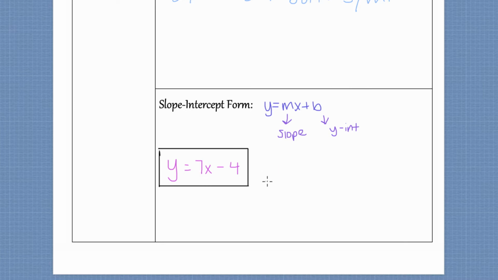So for this one, the slope is equal to 7. And the y-intercept, if we wanted to find it, would be negative 4. But the main point to take from here is that the coefficient of x, whenever a line is in slope-intercept form, means that the slope is just that coefficient of x.